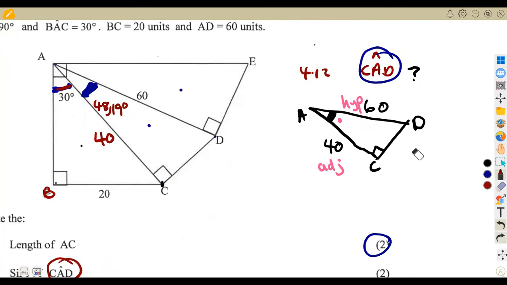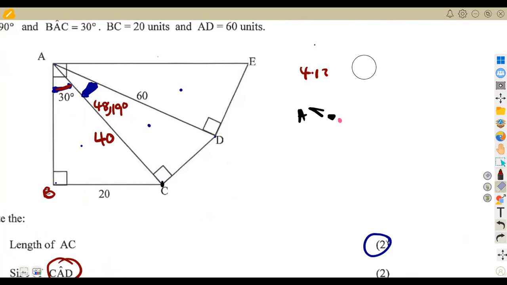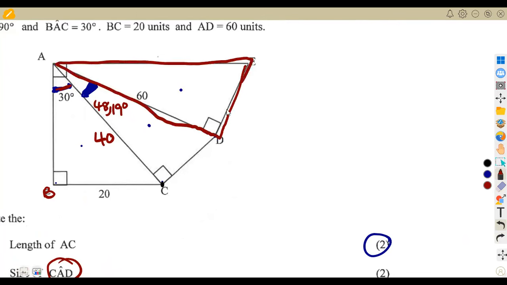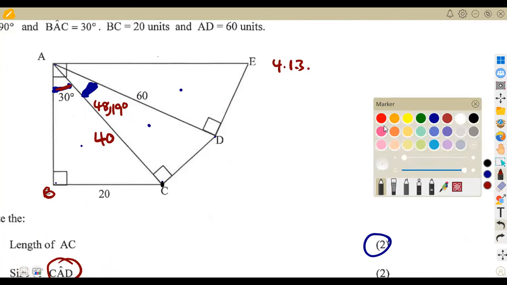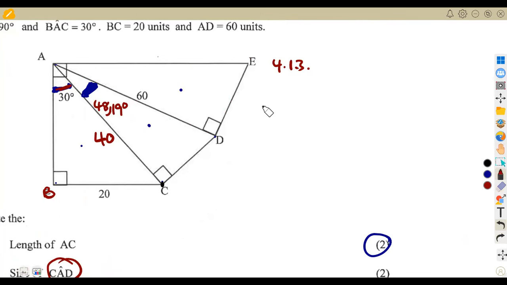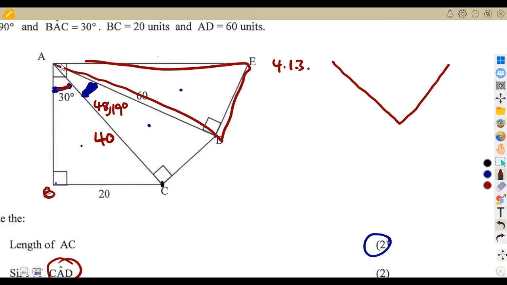All right, if we were to consider where DE is, this side, we were supposed to use this triangle here. This is the triangle that we're supposed to use. All right, let us see. This is 4.13. If we were to use this triangle, we are going to have a triangle of this nature, from A to D and to E, because we are using this triangle where there is DE.